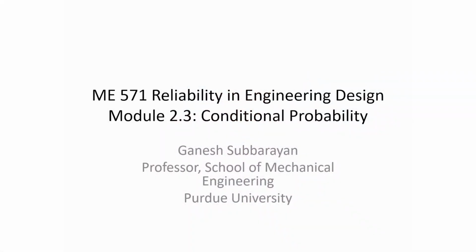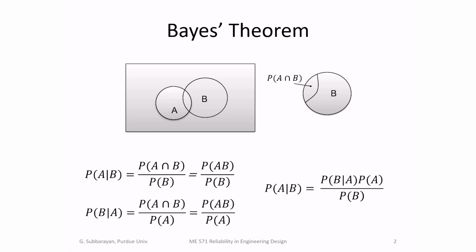Now we're going to continue on, and we're going to discuss conditional probability. If you recall, conditional probability, which is denoted as shown here, is to be read as probability of event A occurring given that event B has occurred. By Bayes' theorem, it is the probability that A and B will occur divided by the probability of event B. A intersection B is to be read as A and B, divided by the probability that event B will occur.